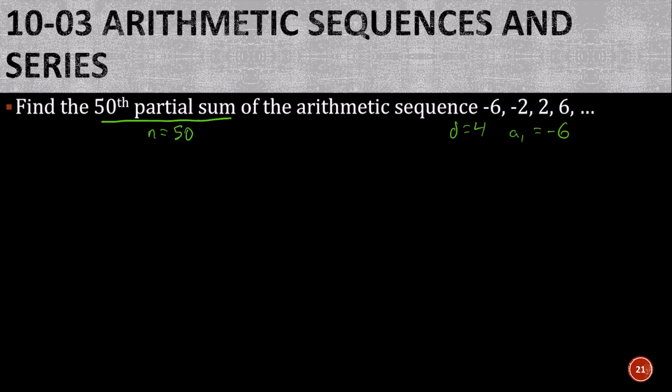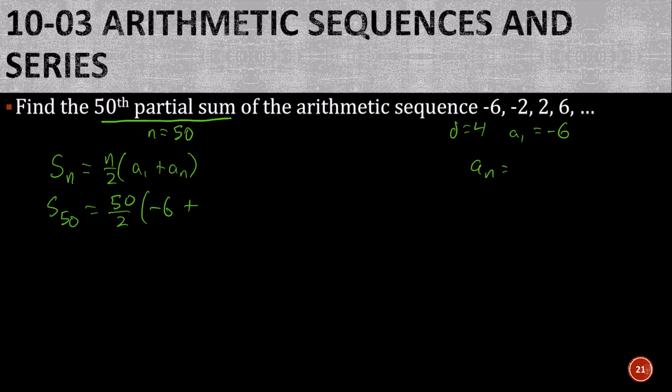So our sum is n over 2 times a_1 plus a_n. n is 50, a_1 is negative 6. Wait, we don't know a_n. Well, in that case, we will have to figure it out.